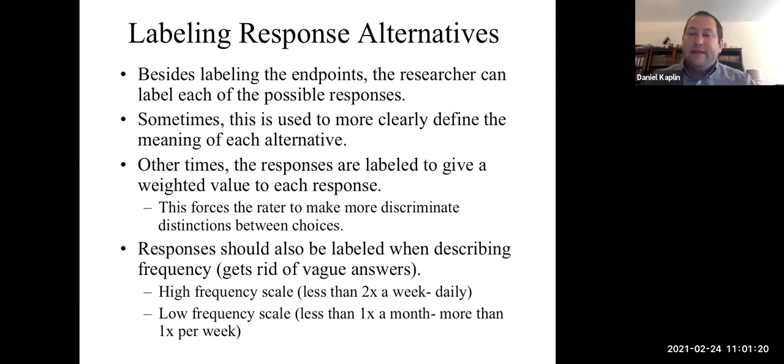Because listen to this. You might have a response that says bottom 50th percentile as the first choice, 50th to 75th percentile, 75th to 85th percentile, 85th to 90th percentile, 90 to 95, 95 to 99, above 99.